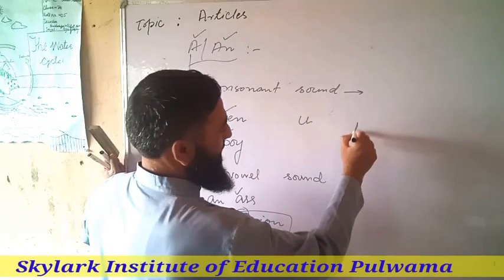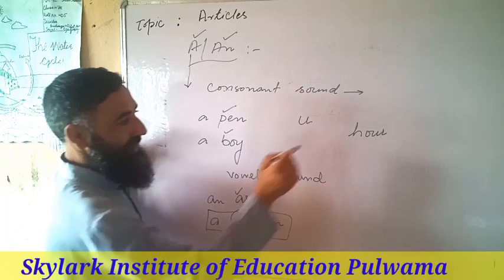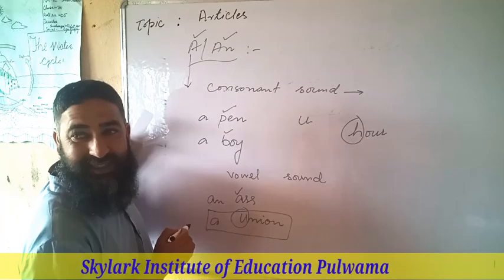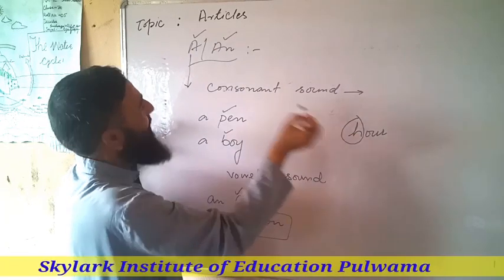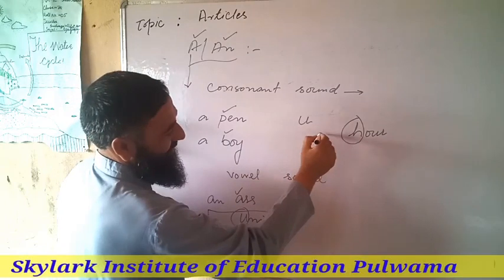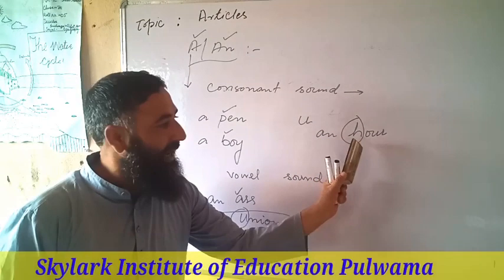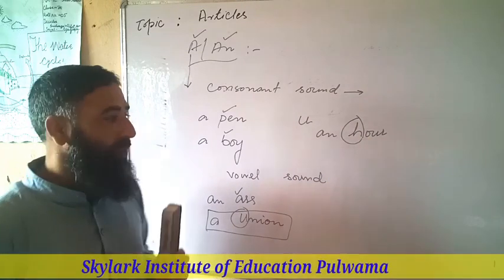Okay. There is another word, hour. Here the h letter remains silent. So shall we write a hour or an hour? An hour. Why? Because the h letter is silent and this word produces which sound? Vowel sound.